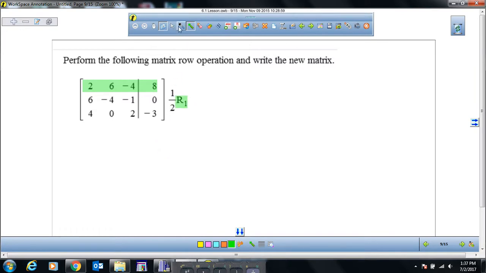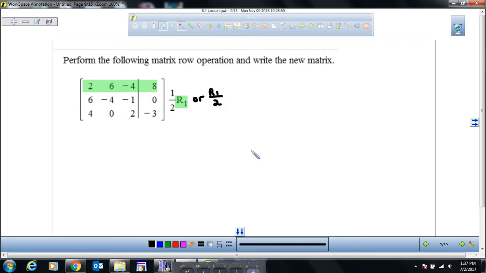You can also say it in a different way. When I say multiply the numbers in the first row by 1/2, that's the same thing as saying divide all the elements in row 1 by 2, right? So you can do it either way, which is the exact same thing. So for example, I'm going to put my row operation right here on the side.